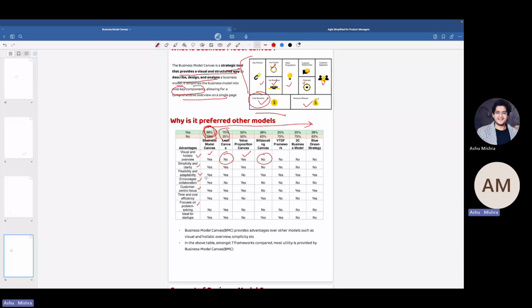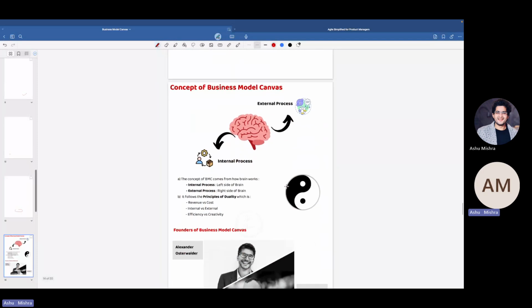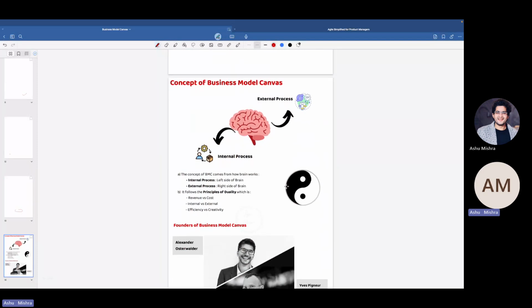Hence, it is being used by multiple consultants, product managers, B-school students, etc. So all in all, it is providing the most utility amongst all the 7 frameworks that we compared above, guys. Now, coming to the different part, which is the concept of the business model canvas, guys.